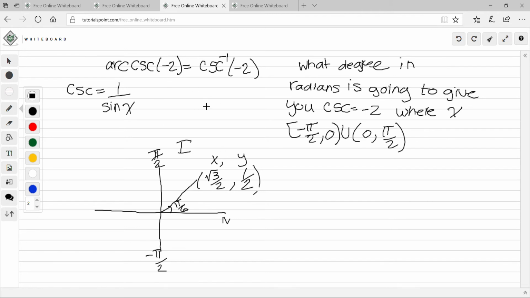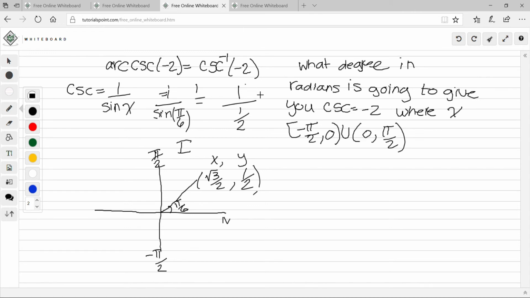So the cosecant of pi/6 is 1 over sine of pi/6. That's like saying 1 divided by 1/2, right?